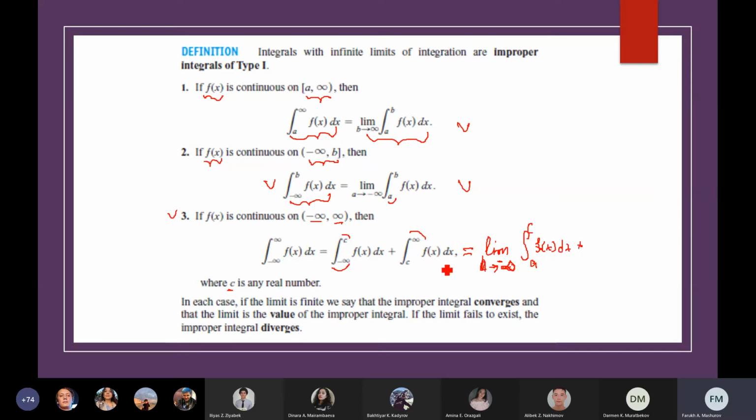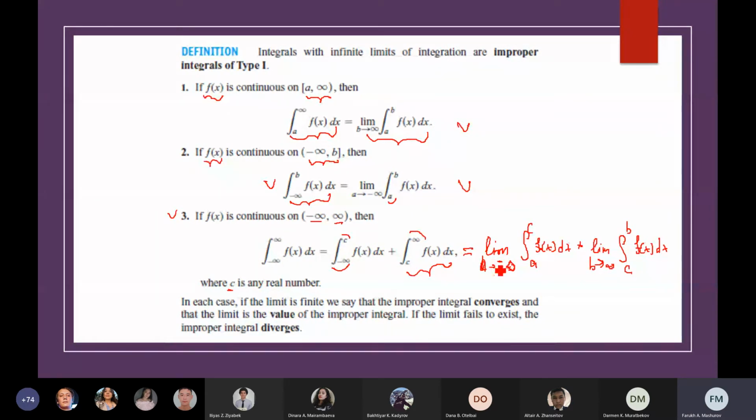Can you tell me what will be here? Limit as b approaches infinity, from c up to b of f of x dx. Right, guys? Cool.